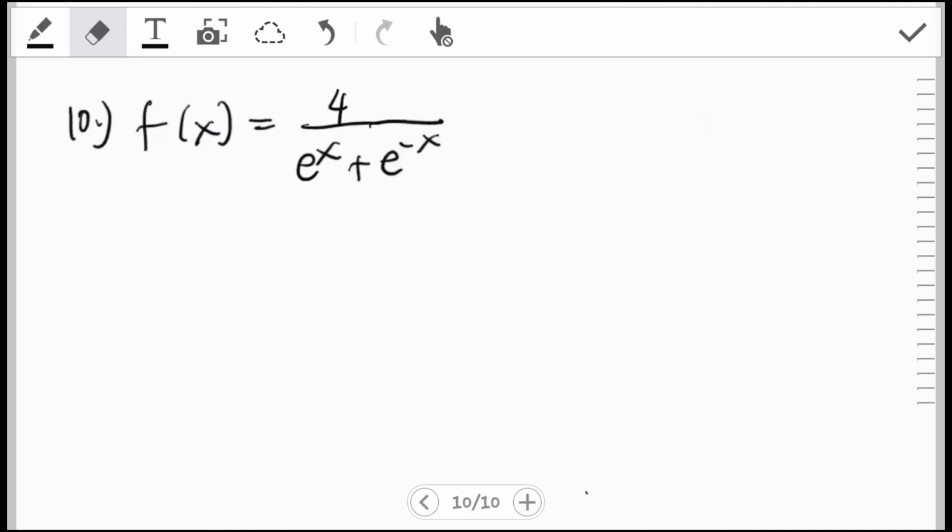Okay, so what is the first derivative of f of x is equals to 4 over e to the power x plus e to the power negative x? So we can rewrite 4 times the quantity of e to the power x plus e to the power negative x raised to negative 1.